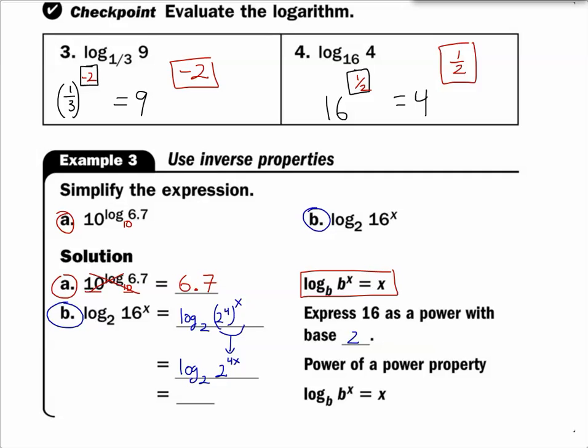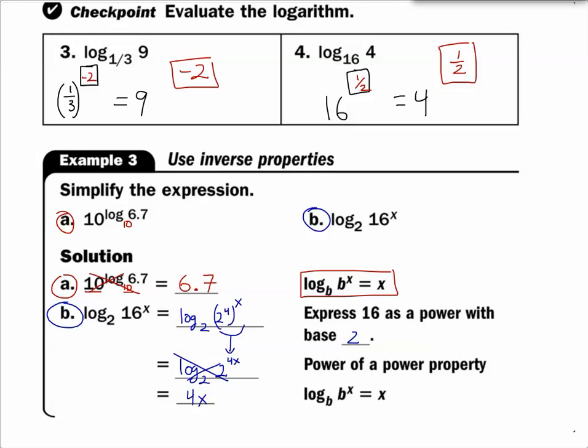Now, here we go. Because the base of the log matches the base of the exponential piece, and they're inside each other, you can essentially cross them out and write, boom, 4x is your answer.